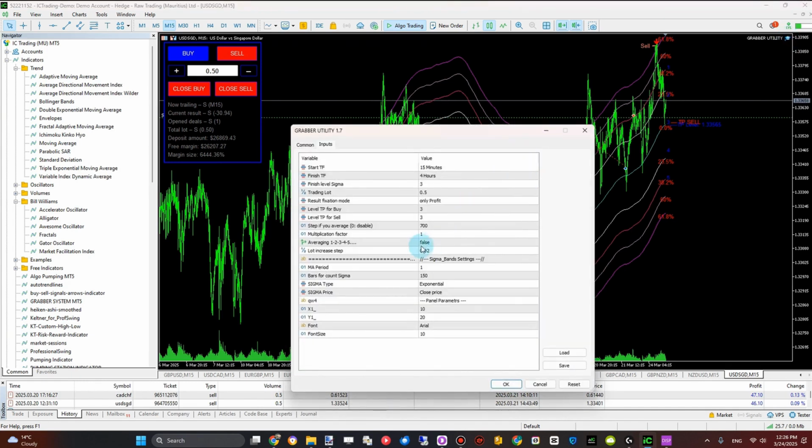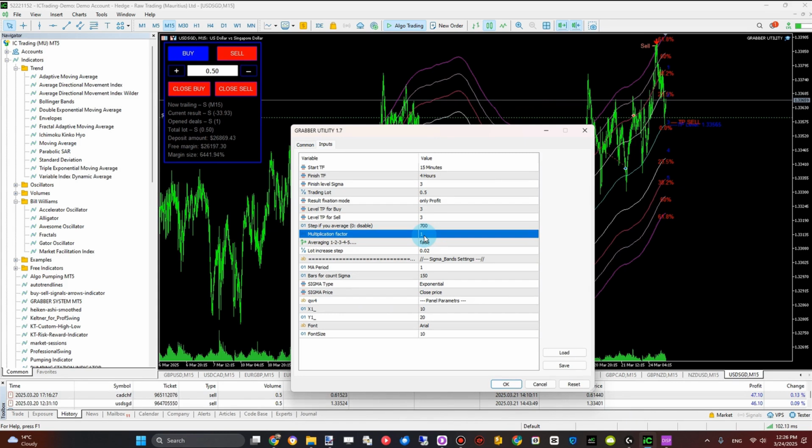Further, as for ladder averaging, I have demonstrated how to set up the utility for the ladder. Here, you just need to activate it, and this value will be added to each of these levels. As for martingale averaging, you just need to set the multiplication value, which will be the factor by which the lot size is multiplied, but the ladder and martingale are already more complex, not in terms of understanding, but in terms of pressure on your deposit.